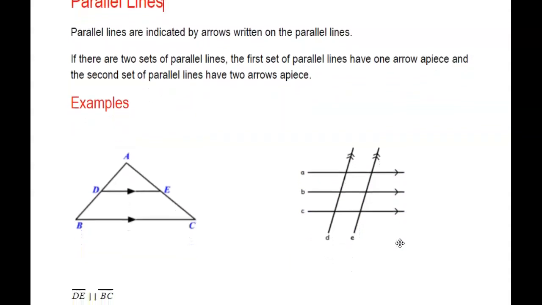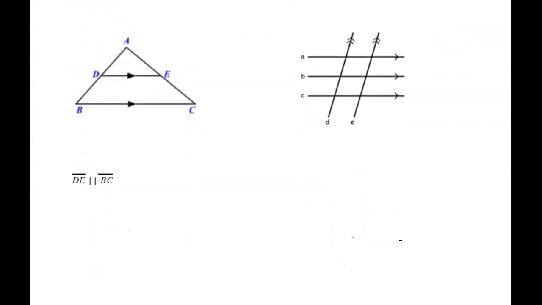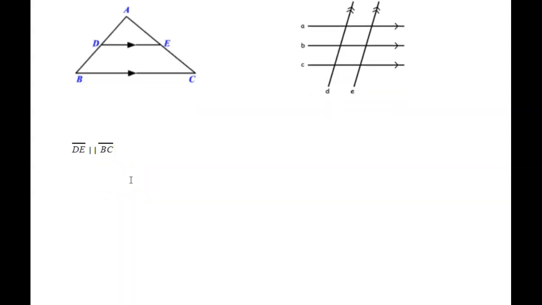Okay. Now, how do you write that out? For this figure, for example, you'd say line segment DE, with a straight line above the top, is parallel, and the symbol looks like an equal sign on its side, to line segment BC. All right, so that is the parallel symbol.